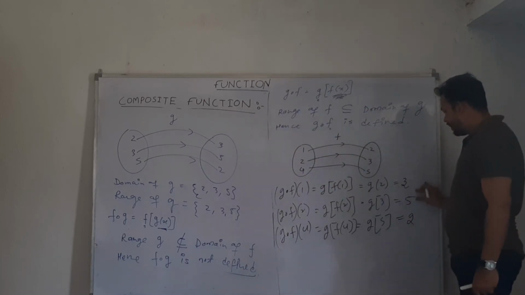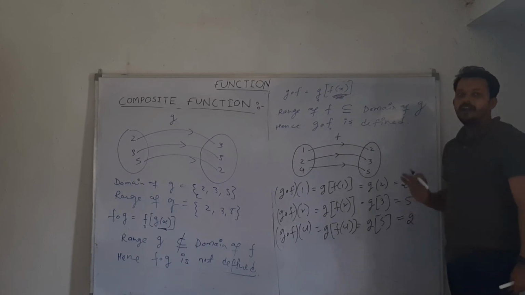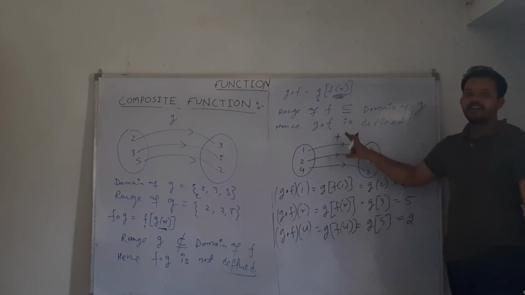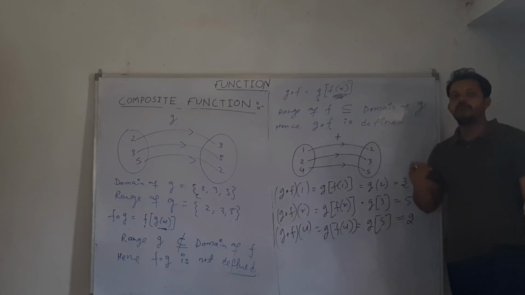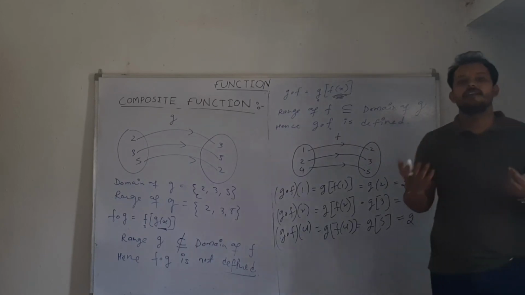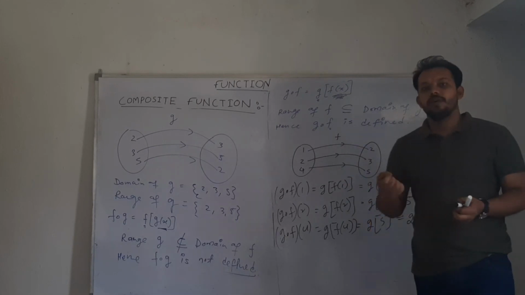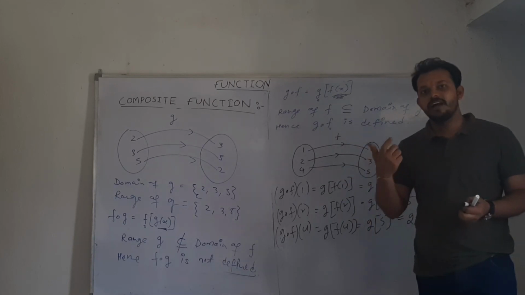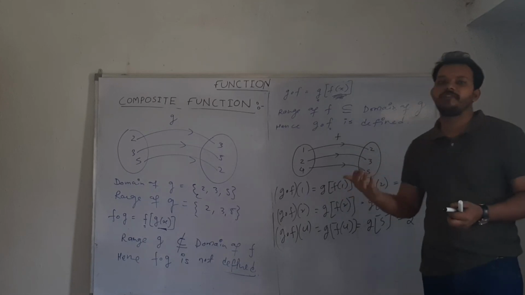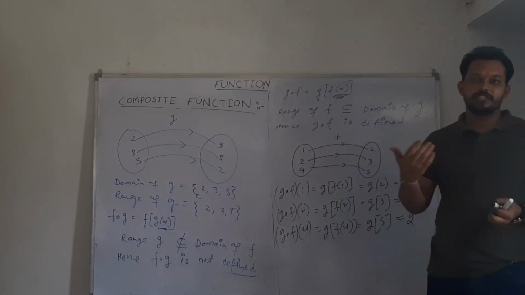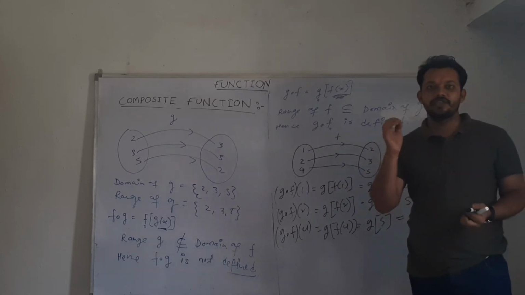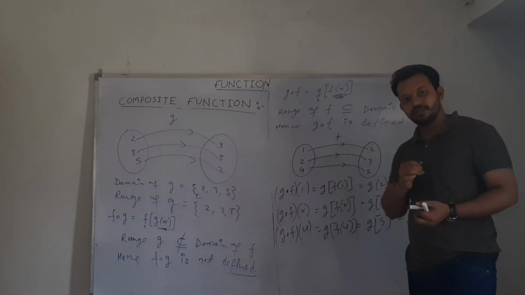Hence 3, 5, 2 are the range of composite function GOF. This is how we will find the domain and range of any composite function. By using this question, we learned how to check whether a given composite function is defined or not, and if it is defined, then how to find its domain and range.